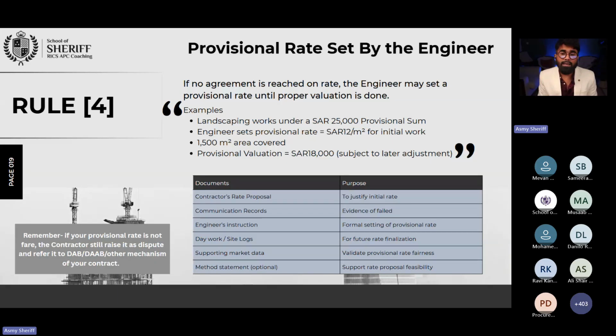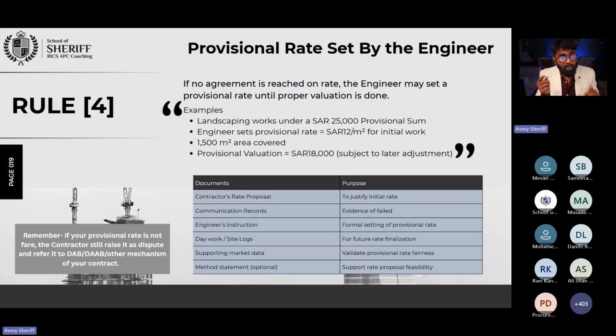But remember, guys, the contractor may take you to court. I'm not joking, it's not going to be so severe, but if you wrongly justify that amount, the contractor can take you to court. He can say that this engineer wrongly determined the rate. Actually, we incurred around 12,000 riyal, and he is giving us only 5,500 riyal.